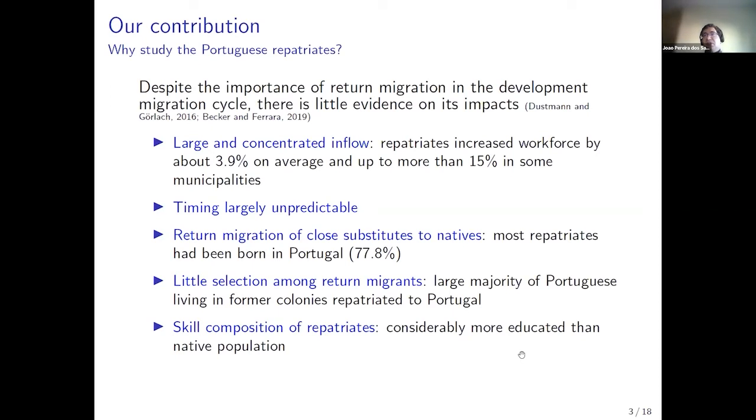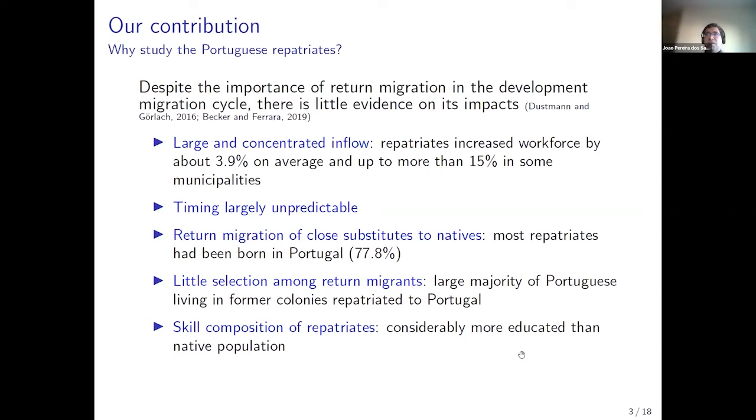And another difference to what we usually find in the literature is that this return migration is of very close substitutes to natives. So most of the repatriates had been born in Portugal. They shared the same language, religion, culture, and so on. On top of that, these migrants were far more educated than the large majority of the natives.